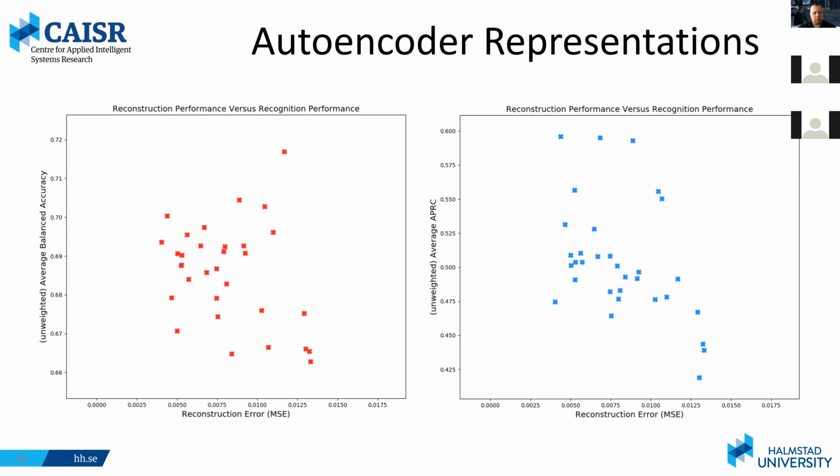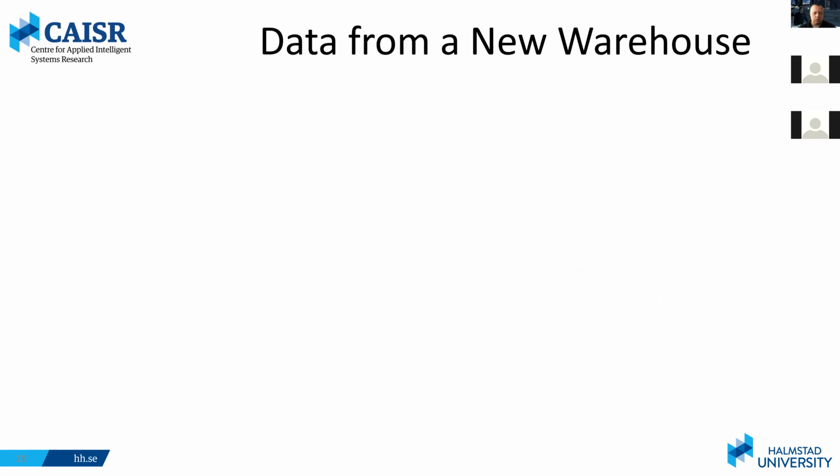And that also holds when you start looking at data from a different warehouse. If we now start getting data from similar equipment but operating in different conditions, you can see that the difference in the reconstruction between those two sites can be quite significant.